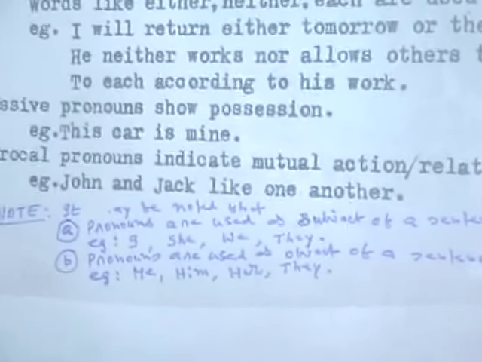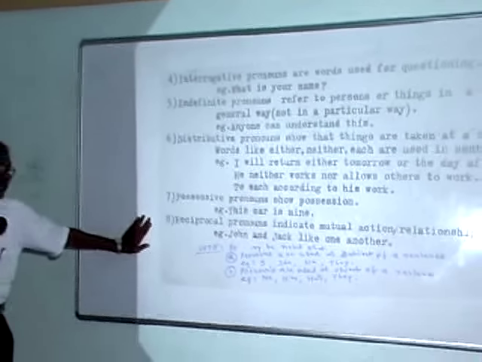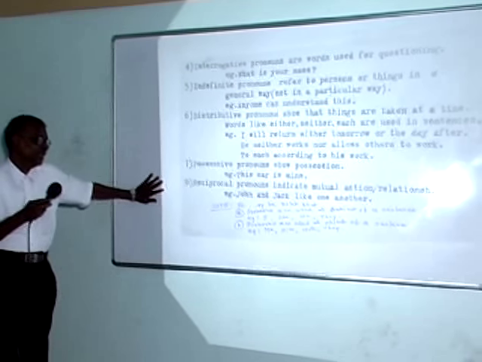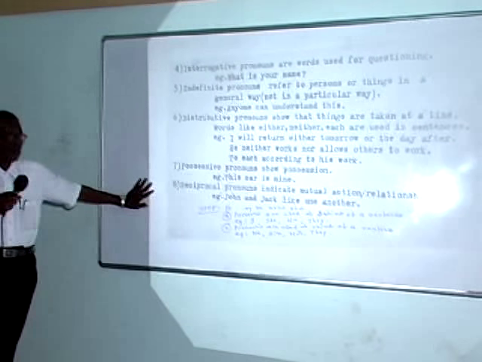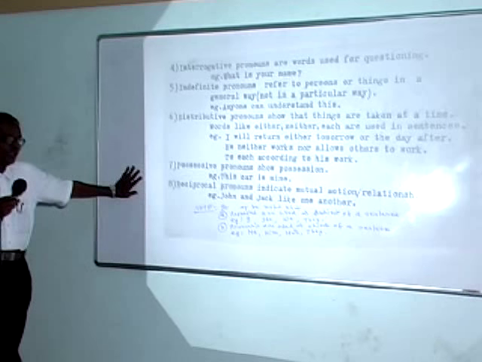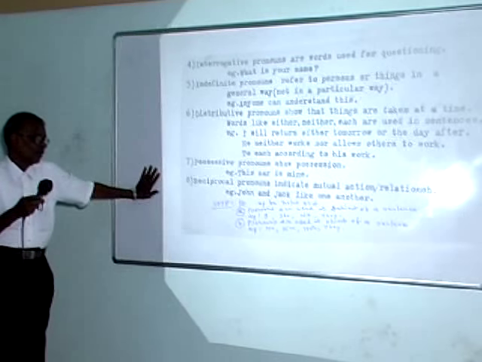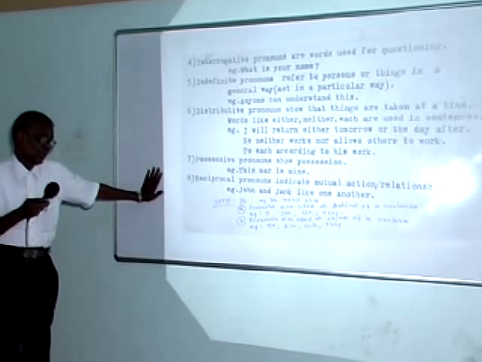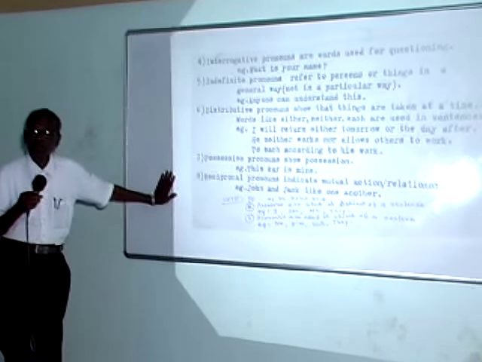It may be noted in this context that pronouns are used as subject of a sentence, like I, she, we, they. Pronouns are used as object of a sentence also, like, for example, me, him, her, them.